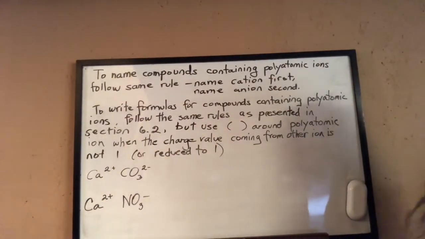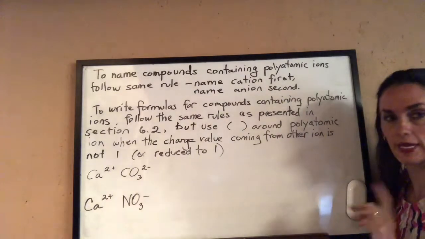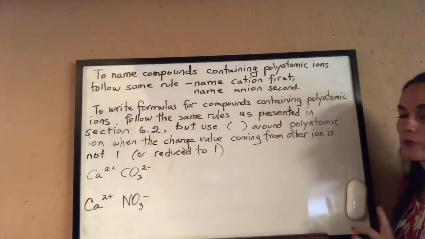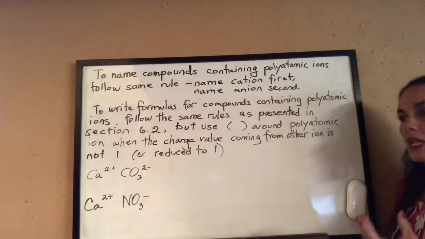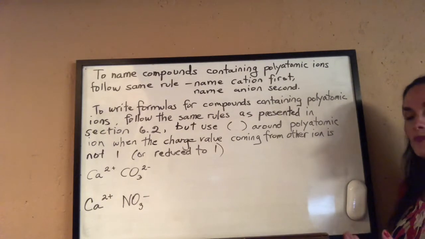To name compounds containing polyatomic ions, we follow the same rule as for compounds without them: the cation name always goes first, followed by the anion name. There's one thing to add when we write the formulas. The polyatomic ion is like a unit. It doesn't get split apart.